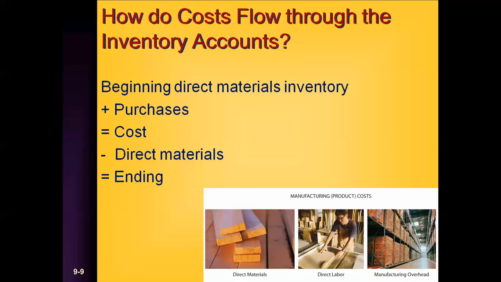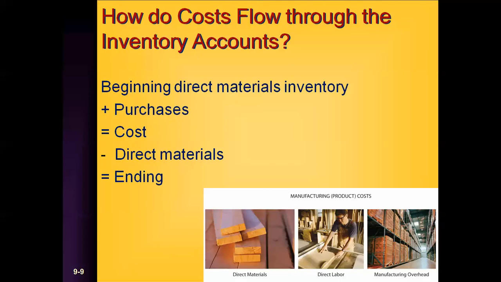You would add purchases. That would equal cost of goods available for use, by adding the combination of beginning direct materials inventory plus purchases. Then you would subtract the direct materials issued into production, and then you would have your ending balance, or materials not used in this particular period.